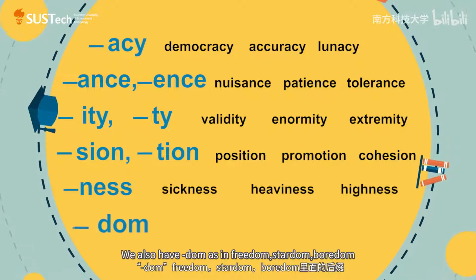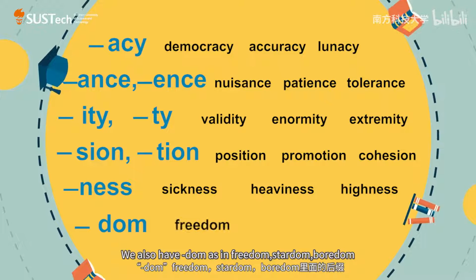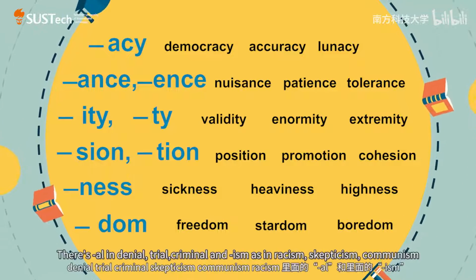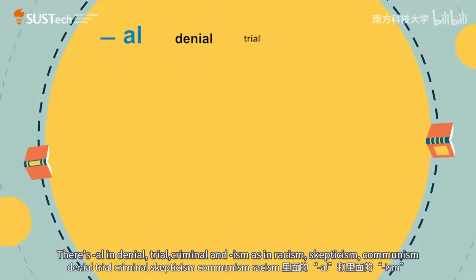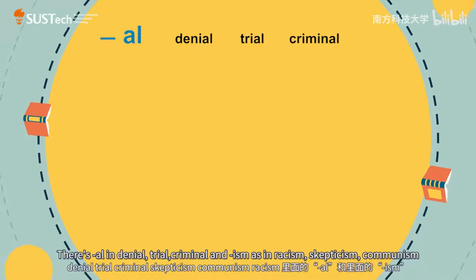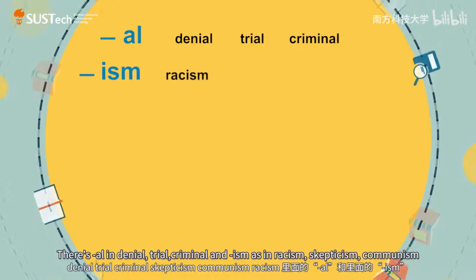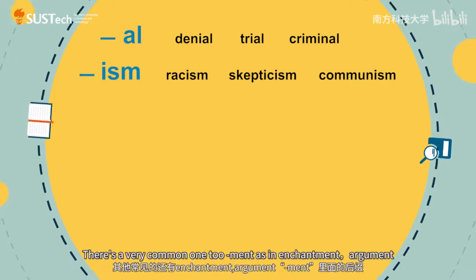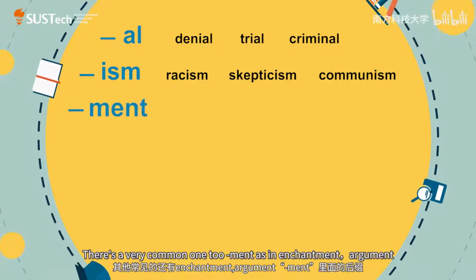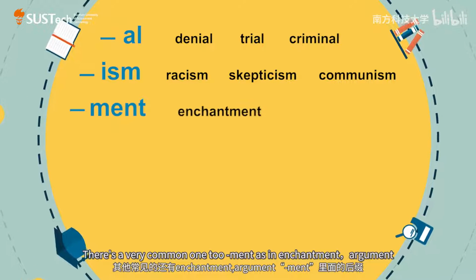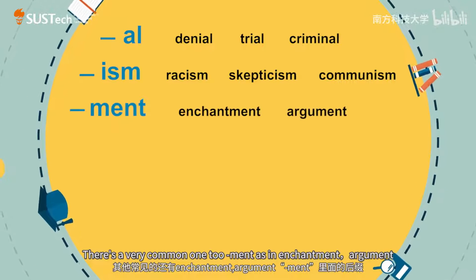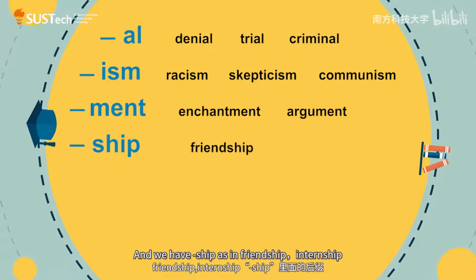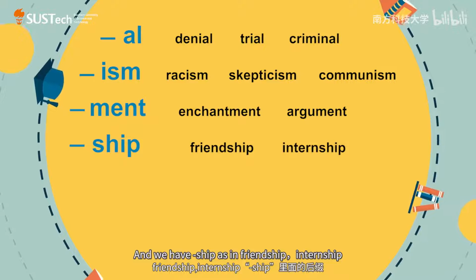We also have dom, D-O-M, as in freedom, stardom, boredom. There's A-L, denial, trial, criminal, and I-S-M, as in racism, skepticism, communism. There's a common one too, which is ment, M-E-N-T, as in enchantment, argument. And we have ship, S-H-I-P, as in friendship, internship.